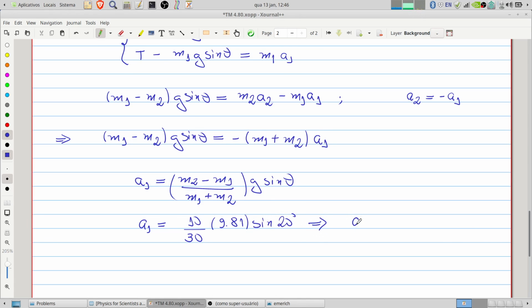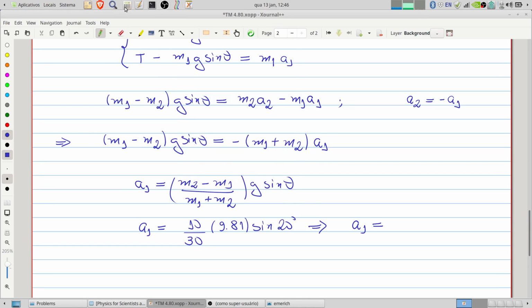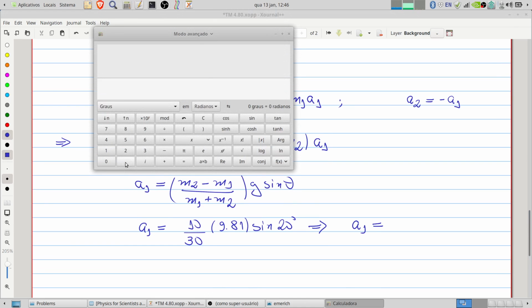Therefore, the acceleration of block 1 will be, let's use our calculator. We'll have 10 times 9.81 times sine of 20 degrees divided by 30 kilograms.